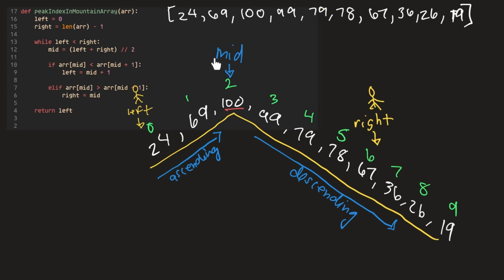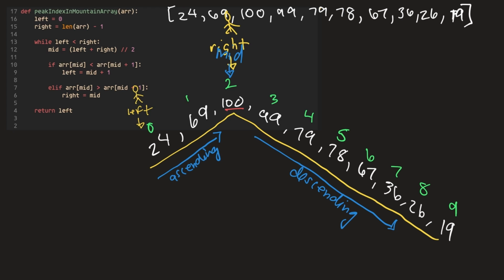So with the mid being the peak here, this condition would resolve to true if mid is greater than array mid plus 1. So the peak here is still greater than this value here. But if we were to do mid plus 1 here, this guy would move to mid plus 1. He would move past our peak. And that's not what we want. We want him to move to the peak. So that's why in this situation we're able to set it to mid plus 1, but in this situation we can't. So that's going to be it for the explanation of the algorithm.